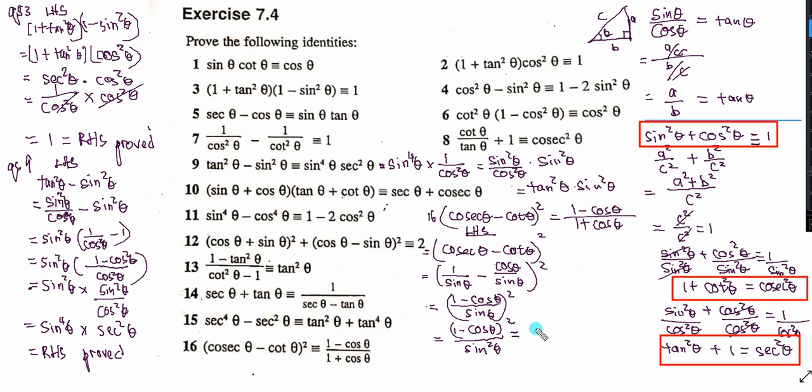Okay, now so it's 1 minus cosine theta, squared, over sine square theta. You go back here, sine square theta is actually equal to 1 minus cosine square theta. You bring this over, so this can be written as 1 minus cosine square theta.